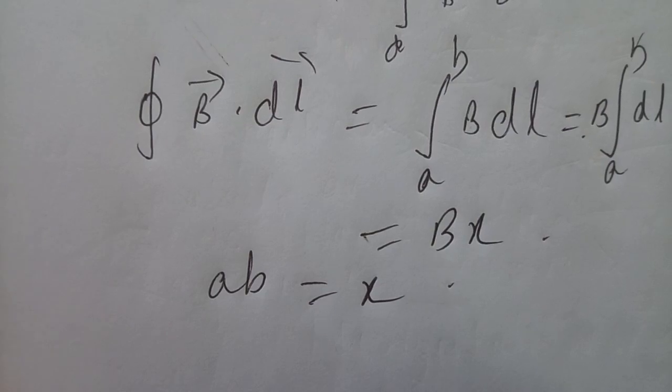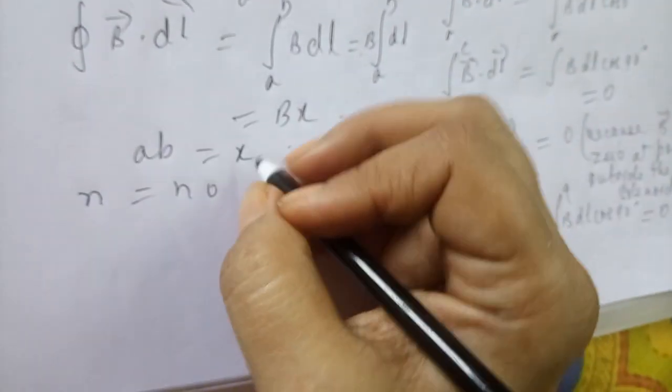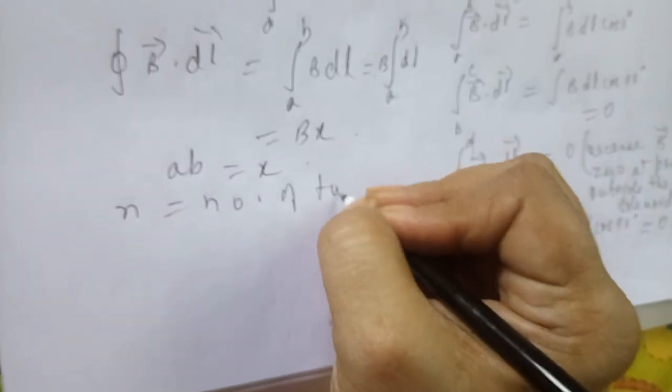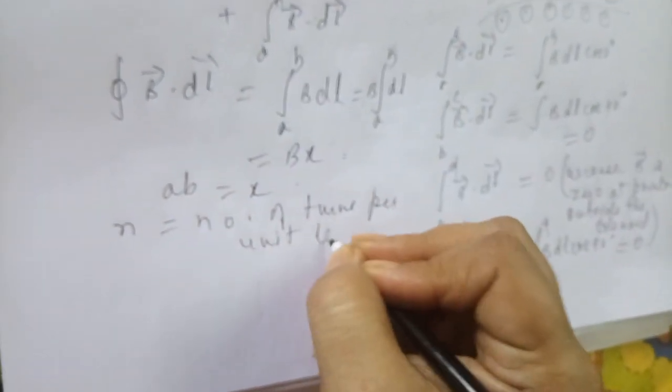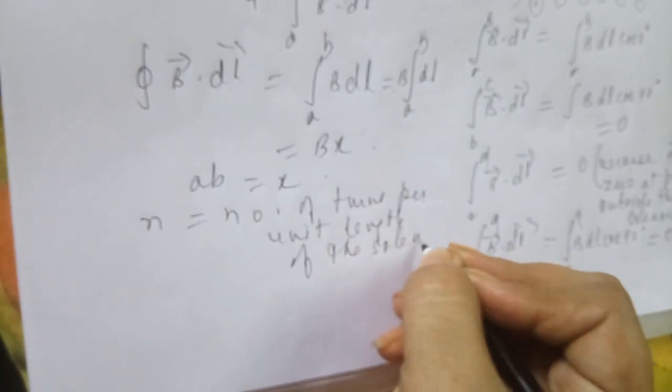For that, we take n as the number of turns per unit length of the solenoid.